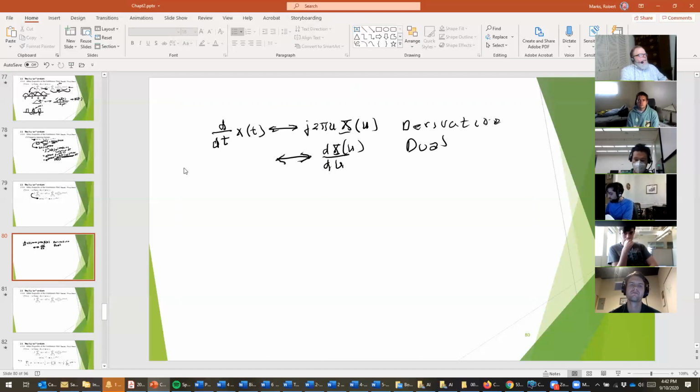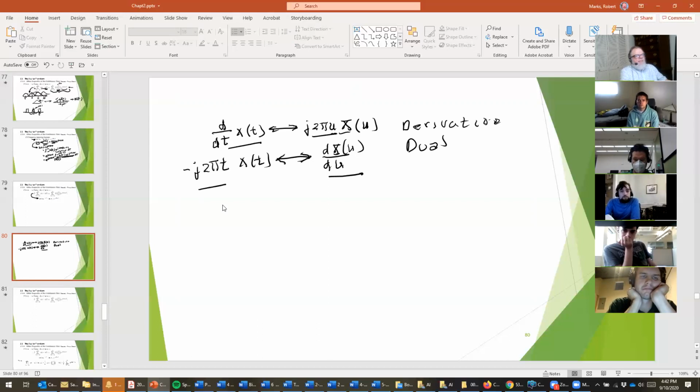Then the duality theorem says minus j2π t x(t). So here you differentiate in time, j2πu in the frequency domain. Here you differentiate in the frequency domain, minus j2π t in the time domain, correct?